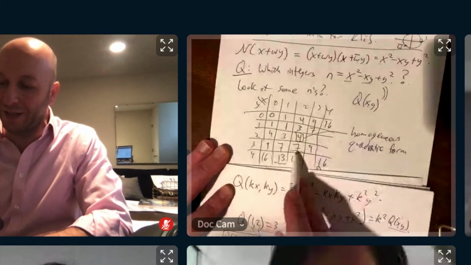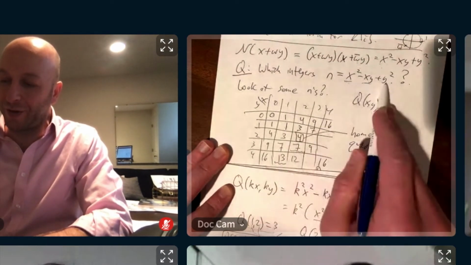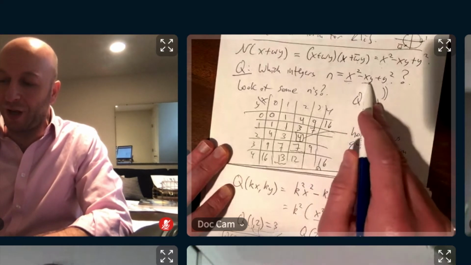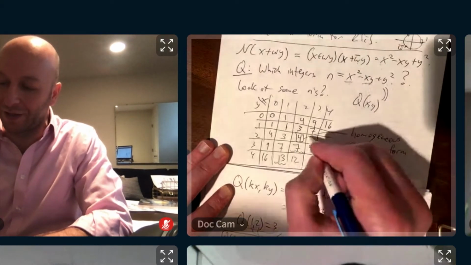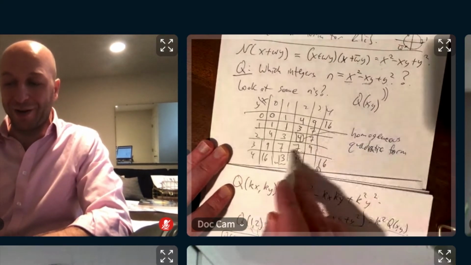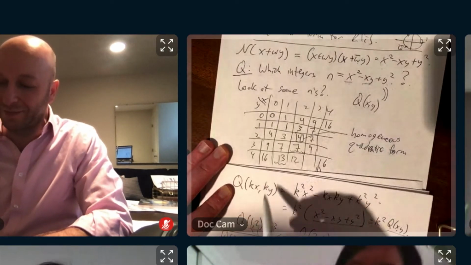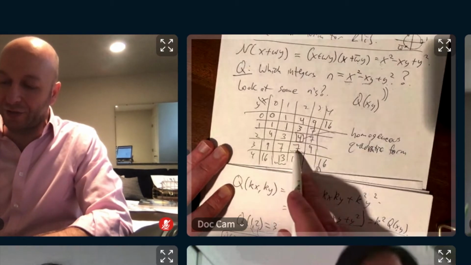Okay, let's see why it's 7. 3 squared is 9. 2 squared is 4. 9 and 4 is 13. And then 2 times 3 is 6. So 13 minus 6 is 7. I agree. So that means this also gets a 7. So 7 is represented in 2 different ways. That's kind of funny. As 1 and 3 and as 2 and 3.